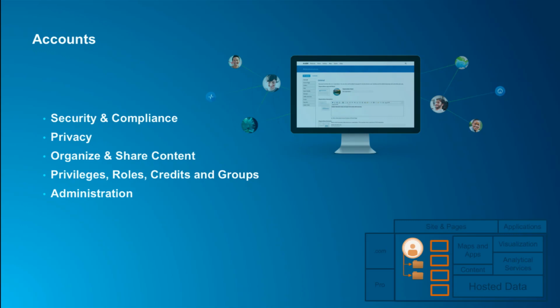That is, you can keep content private to yourself, you can share it with groups, you can share it with an entire organization, or you can share it out to the world with open data, for example. All these things are baked into ArcGIS Online and available to you to use: those named users, those sharing concepts, those security and privacy, how things are shared, how things are not shared, the kinds of privileges and roles.